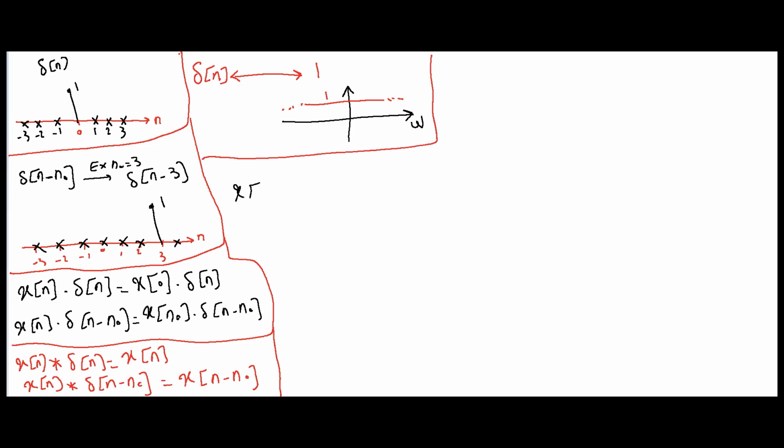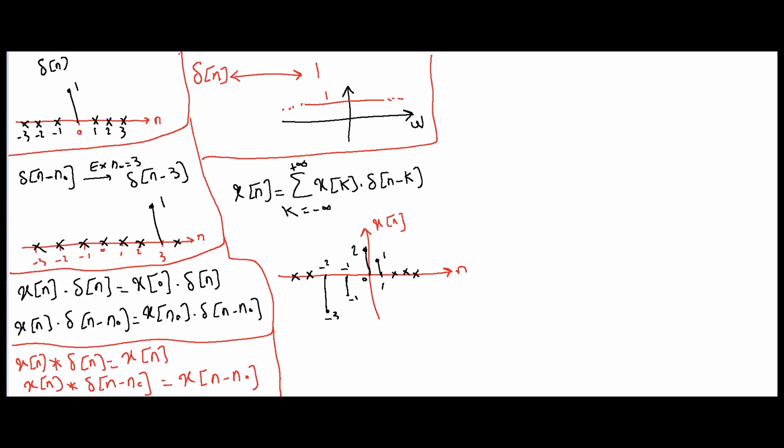The next point is that any signal x[n] can be written as a summation of x[k] multiplied by delta n minus k. For example, if we consider the signal x[n] as shown, at n equals 0, the signal value is 2, which we denote as x[0] equals 2.